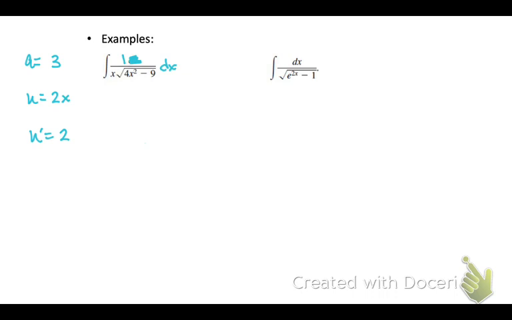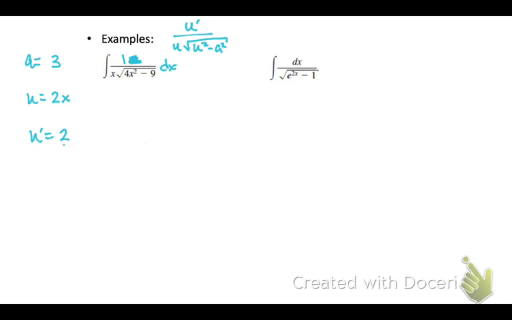So we've got some issues here. The rule for arcsecant is U prime over U, the square root of U squared minus A squared. Yes? Okay, well, we don't have a 2 for U prime, do we?